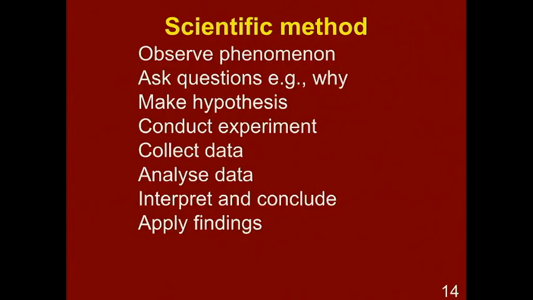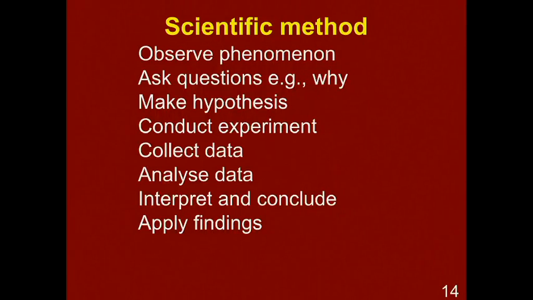So how do we do that in science? Well, there's a pretty well-known methodology in general terms. It looks something like this: we observe something going on, and whether this is physics or chemistry or psychology, this is a very basic approach.